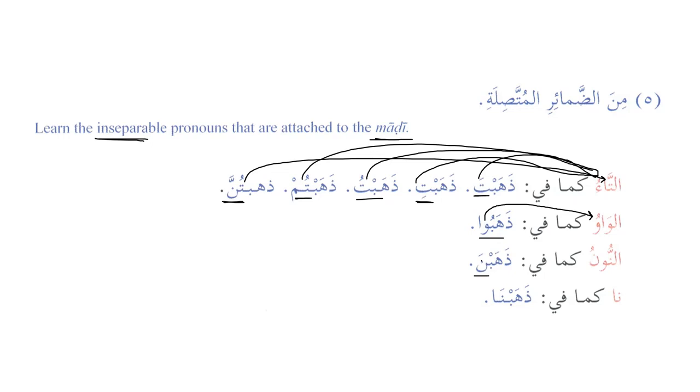An-noon, as we have in dhahabna, so the noon. These are the pronouns that are inseparable. We cannot separate them from the verb. And then we have na, as in dhahabna, so we have na over here. And what about the others? In others, damir is mustatir, or in some cases we say al-bariz.